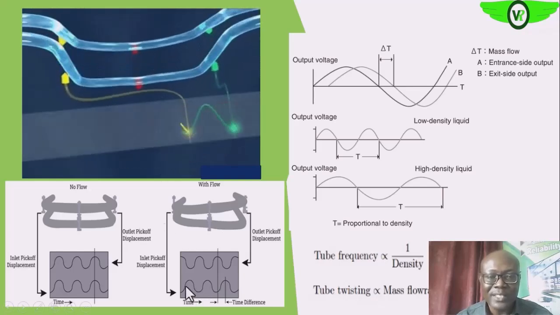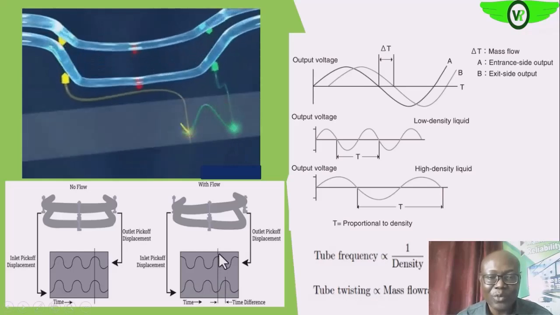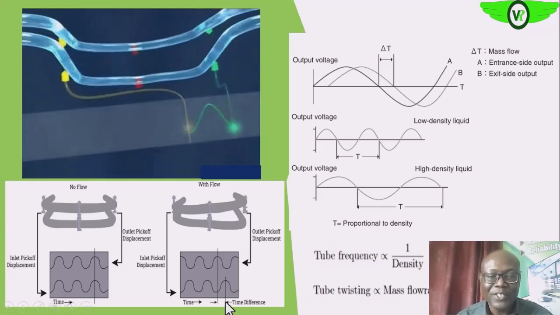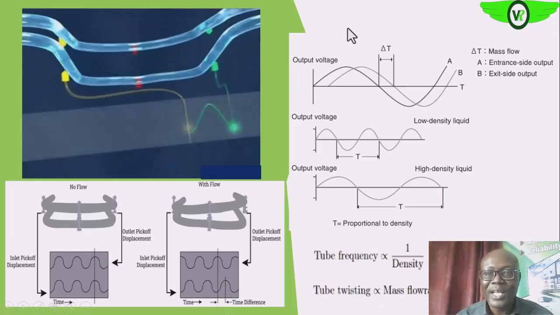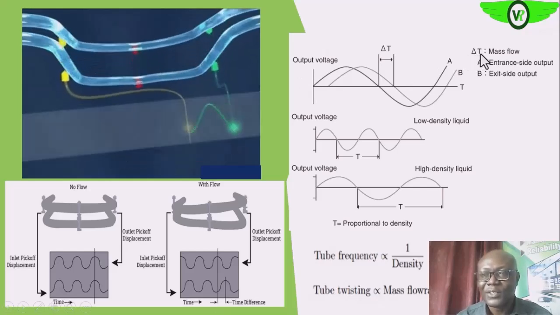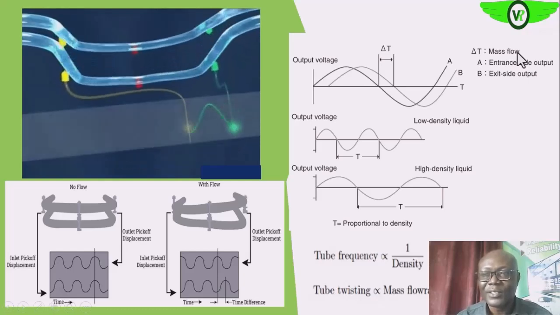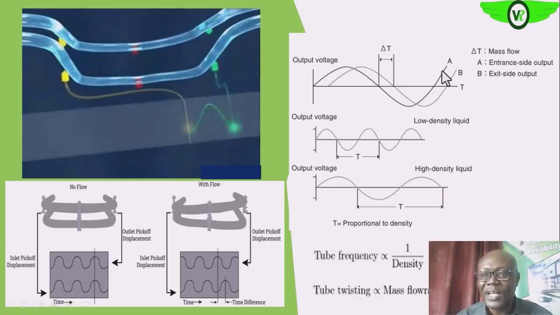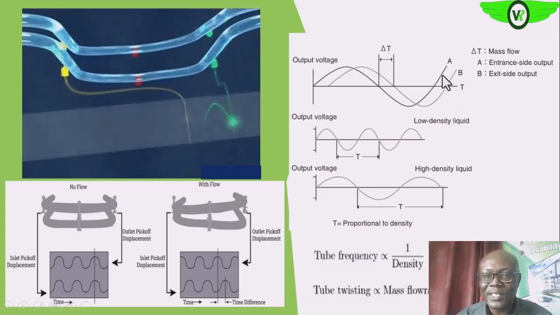You now see that phase shift: trough to crest, trough to crest. So that phase shift is determined by the flow rate. So delta T, this is the shift, gives us an idea of the flow rate. The shift is between the input signal and the output signal.